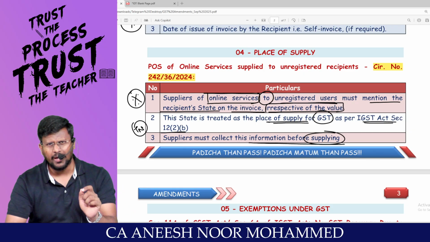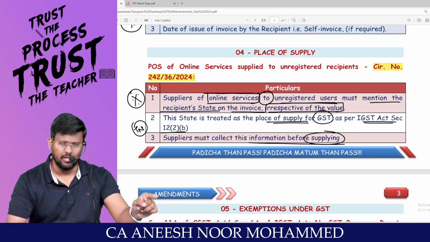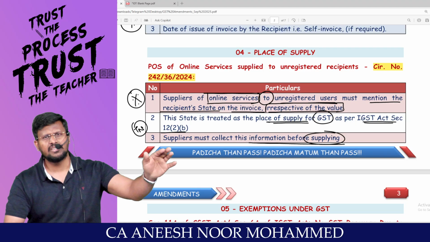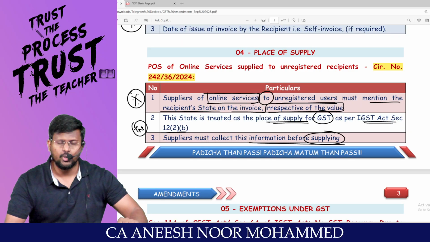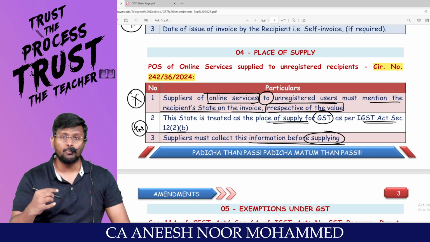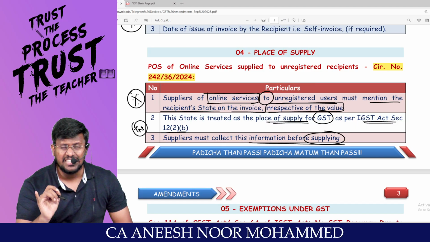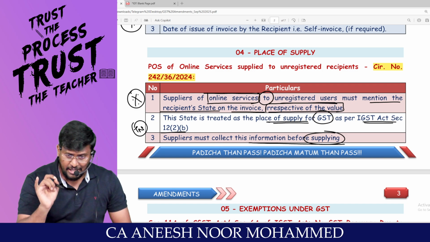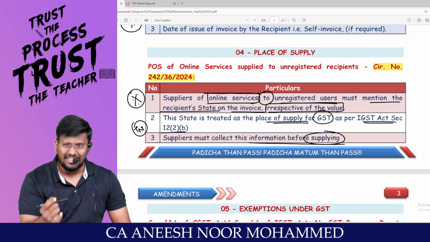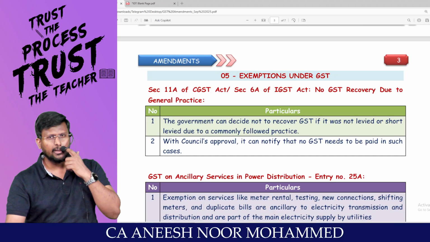That means if you are a supplier who is going to supply online services to an unregistered person, first collect the state in which the unregistered person is residing. Then only you are supposed to provide the service. My dear lovable students, without collecting the recipient state, you are not supposed to provide the service. And that state should be mentioned in the invoice, and that state will be used to find out the place of supply, is what the discussion is all about.